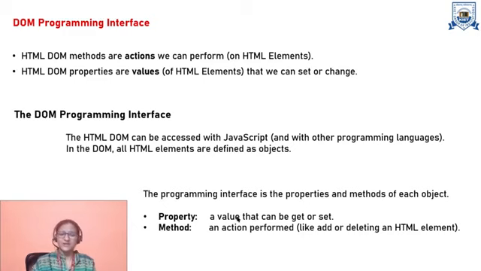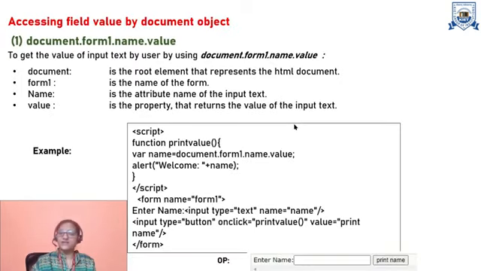A property means a value that we can get or set. A method is an action performed, such as adding or deleting an HTML element. So this way we can interact with our DOM. It is not fixed, it is not rigid. We can change it according to our requirement.